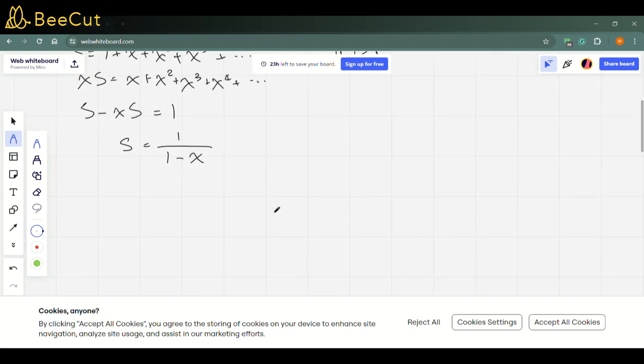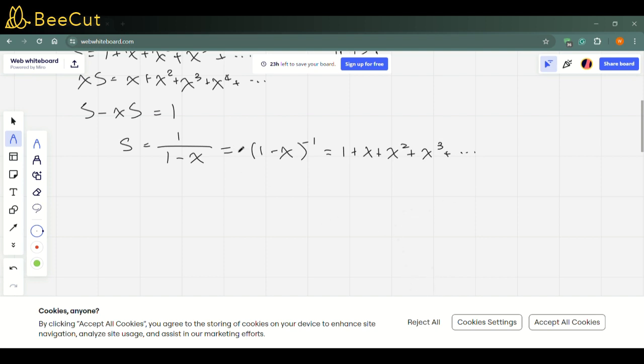Now, we can rewrite this as (1 - x) to the power of negative 1. So, we know that (1 - x)^(-1) equals 1 plus x plus x squared plus x cubed, so on and so forth.